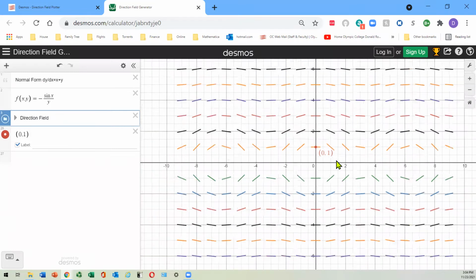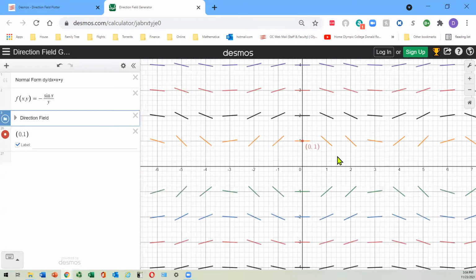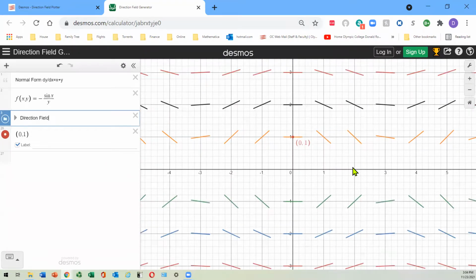And you can zoom out, or more interestingly, you can zoom in. Here is the point. If you imagine this point, goes along, goes down, swings over, swings round, swings up, it looks like it could be a circle.